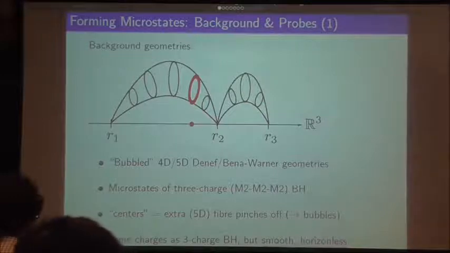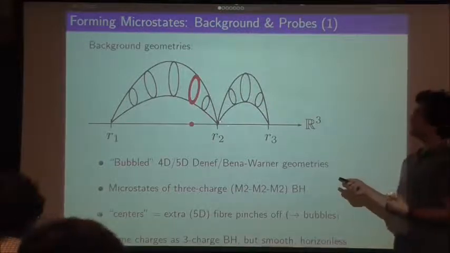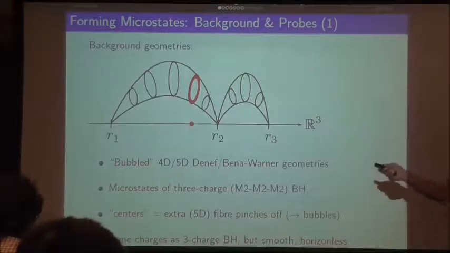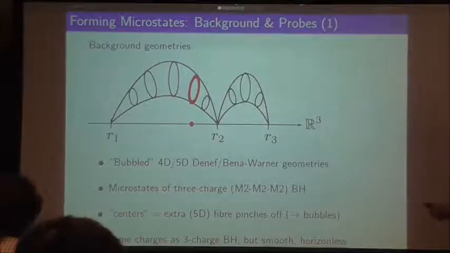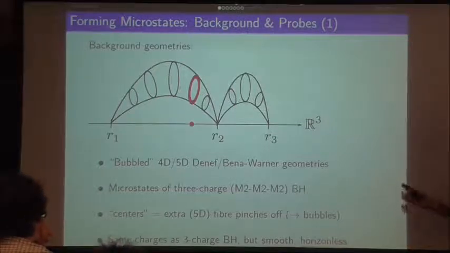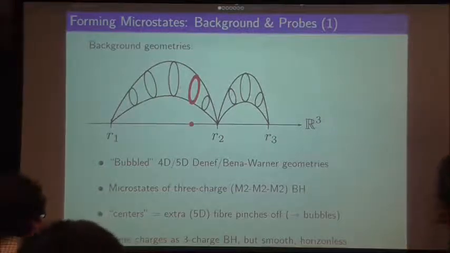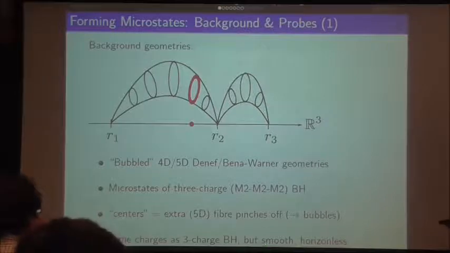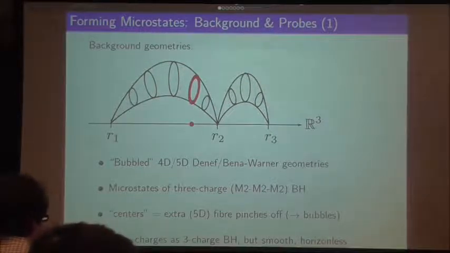The way that these geometries support it is basically by introducing magnetic flux on these non-trivial bubbles, which is possible because of the non-trivial topology. These fluxes, combined by Chern-Simons terms, give you sources for electric charges at infinity. Very importantly, these have the same charges at infinity as a 3-charge black hole, but they are smooth and horizonless. So these are exactly what we want for microstate geometries.